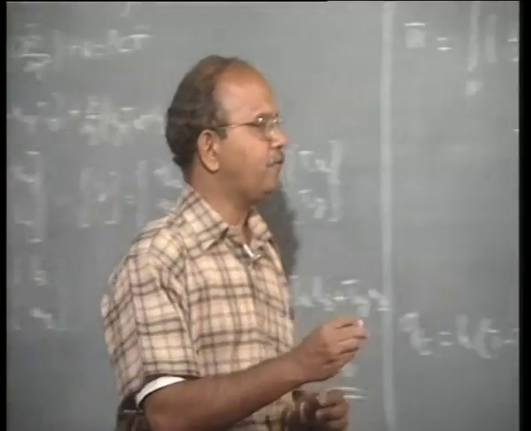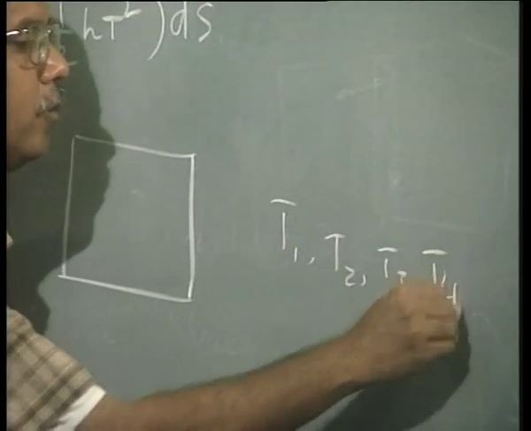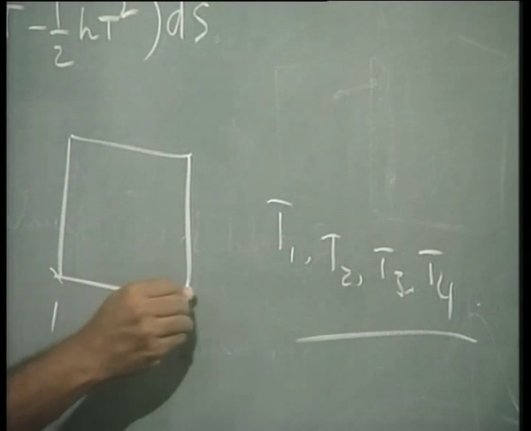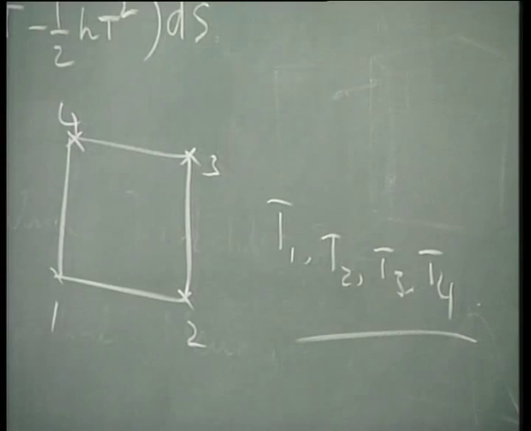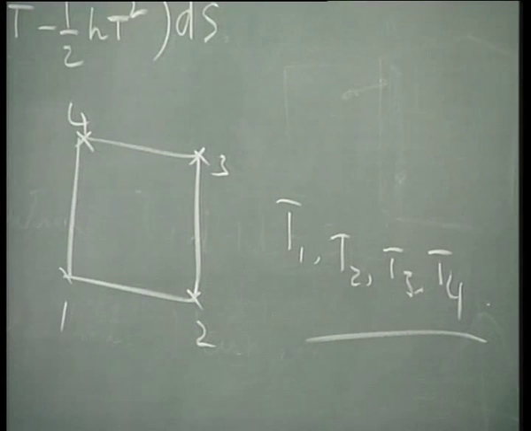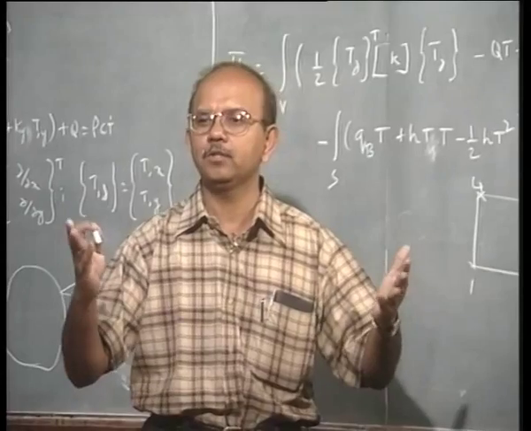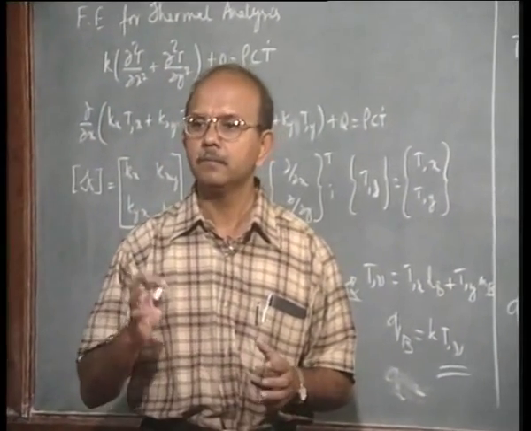So if T1, T2, T3, T4 are the unknown values, the temperatures of these 4 nodes, we can write T as N times T, in the same fashion as we did U, V and W. Is that clear?